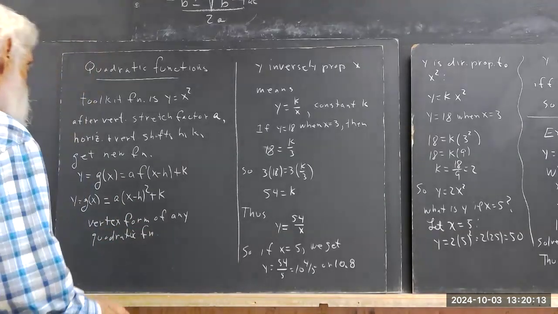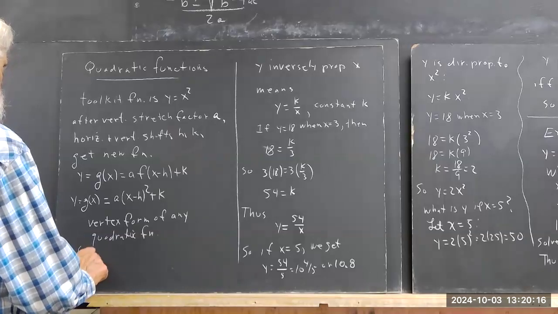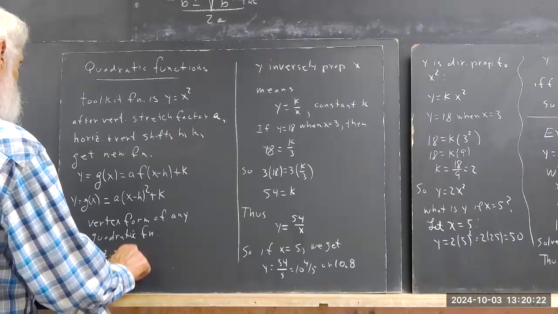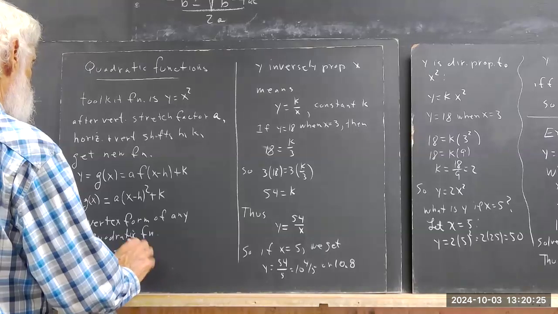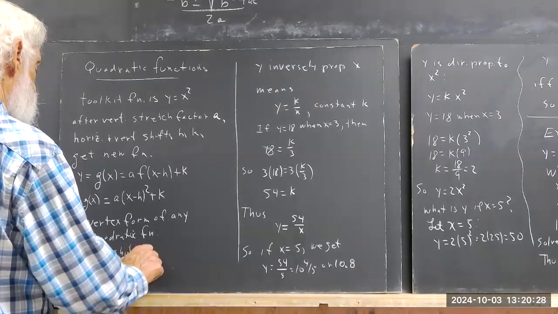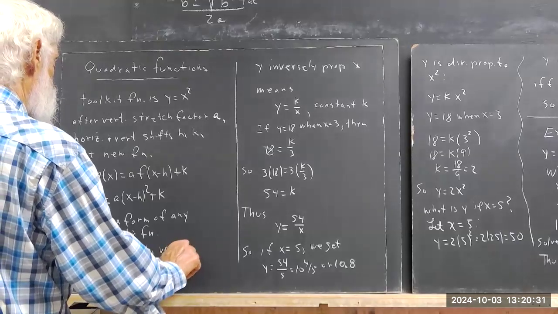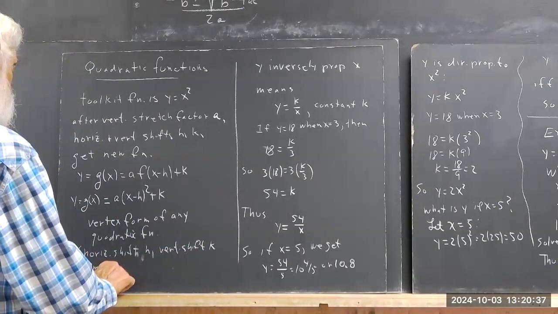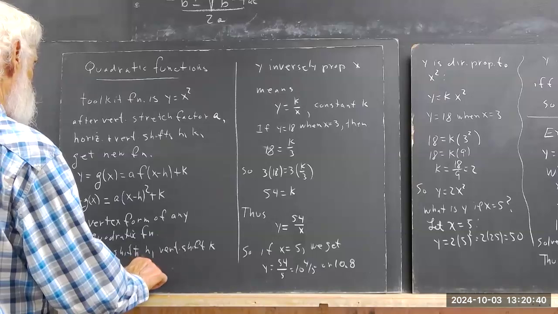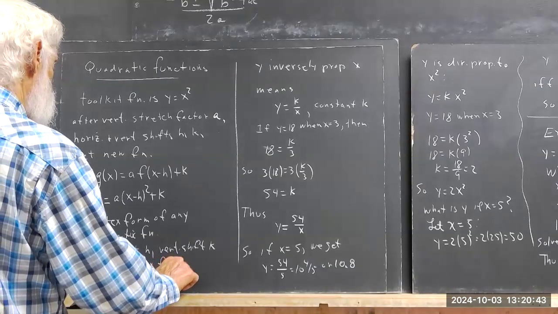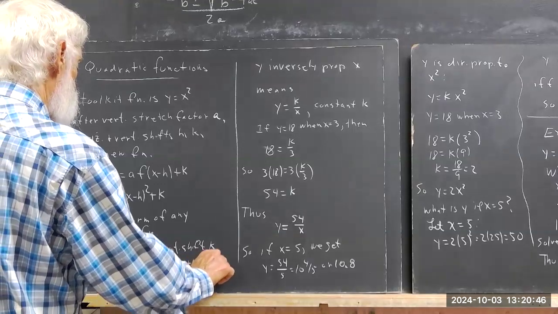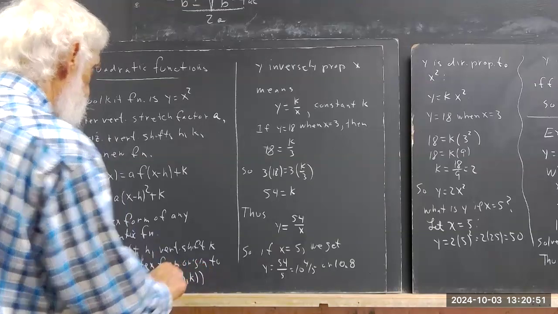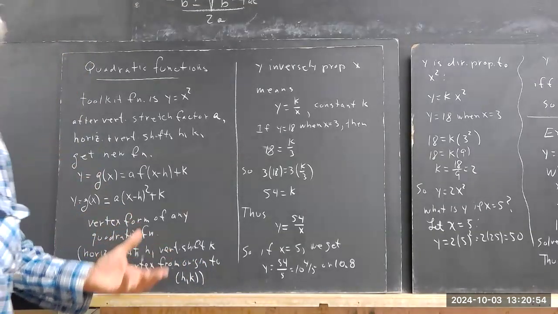Horizontal shift H. Vertex of the origin to the point (H, K). Now that's exactly what we've been doing.